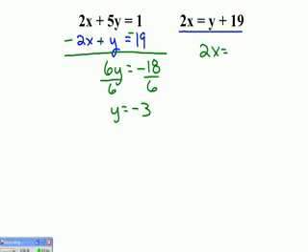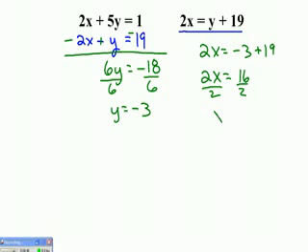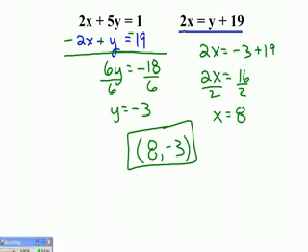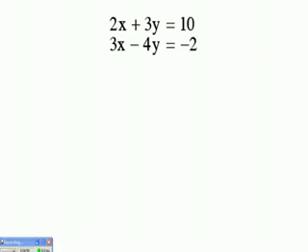So 2x will equal -3 plus 19. Solving for x, looks like x equals 8. And of course you'd want to check that out in both equations. But I've already shown you how to do that, so we are going to move on to the last one.